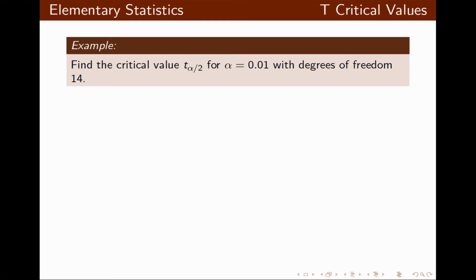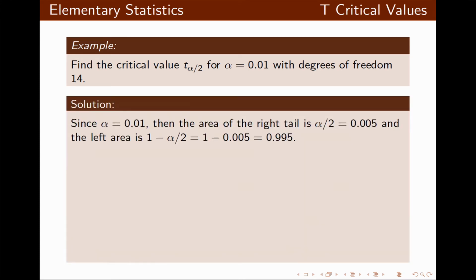In this example, we need to find critical value t alpha over 2 for alpha equal to 0.01 with the degrees of freedom 14. We're given alpha, but the right tail area is alpha over 2, which is 0.005.